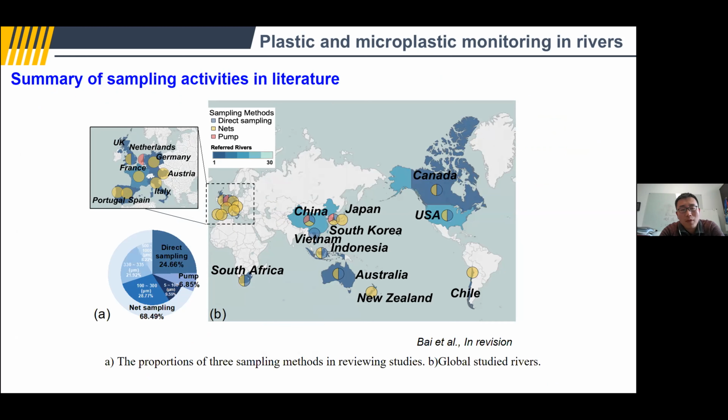But at the same time, we should also notice that even though all use net sampling, the pore size of the nets varied a lot. You can see it varied from 5 microns all the way up to 1,000 microns. So all these differences would result in differences in the final microplastic concentration.